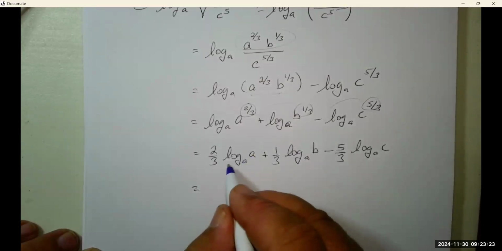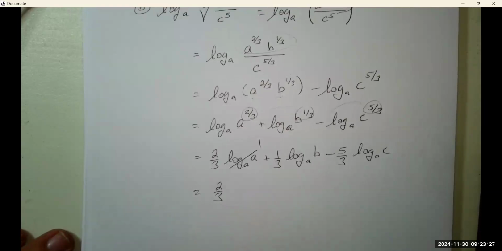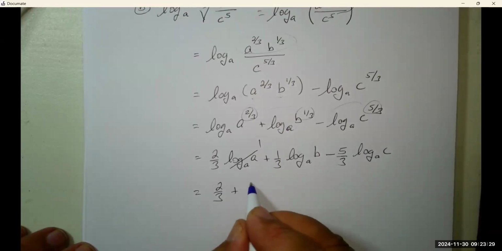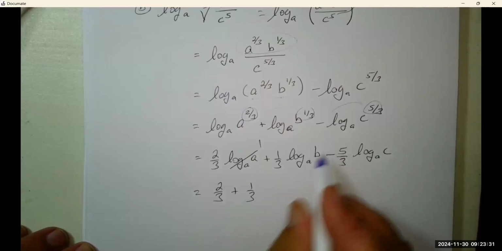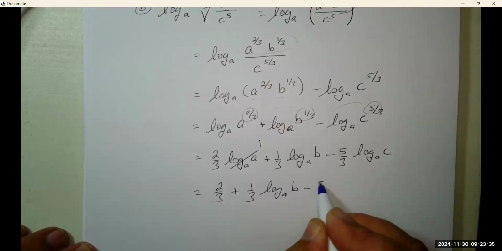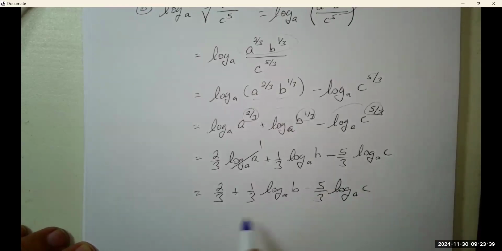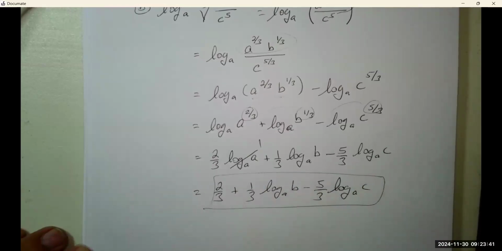Log base A of A is 1, so it's 2/3. And these we don't know, so we just write them out. You have to keep on going as far as you can.